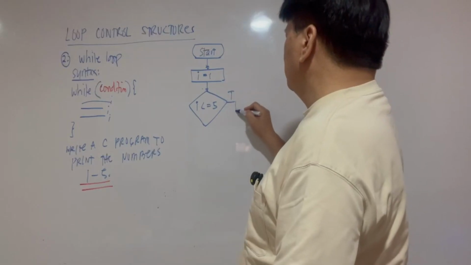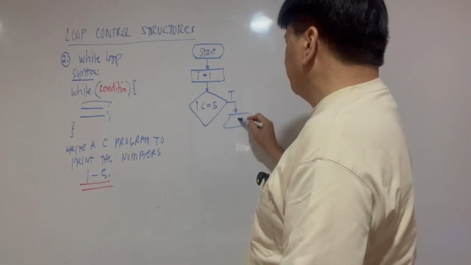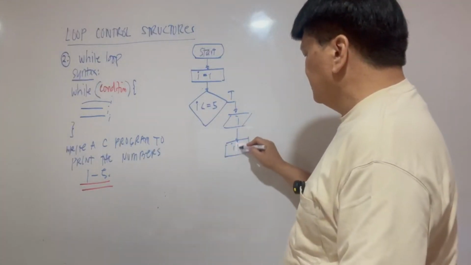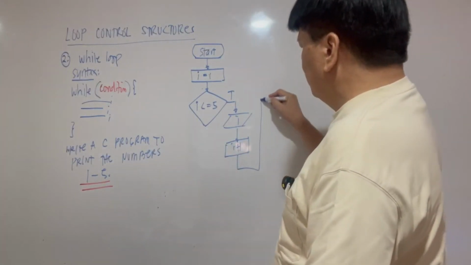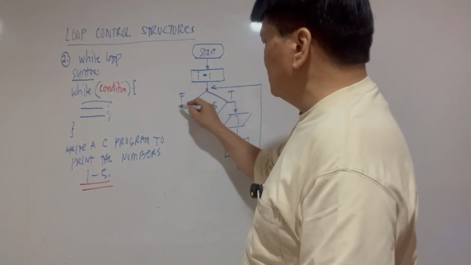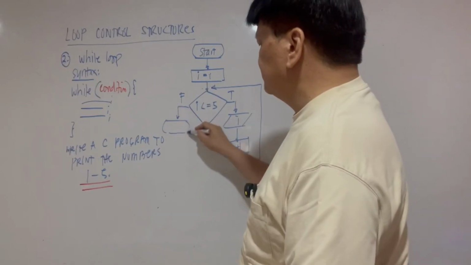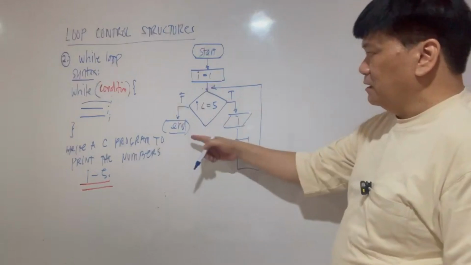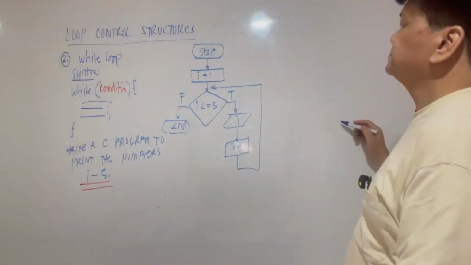If it is true, output the value of I, then increment I, then loop. And then if this is false, that's the end of the flowchart. Or you can say start and stop.